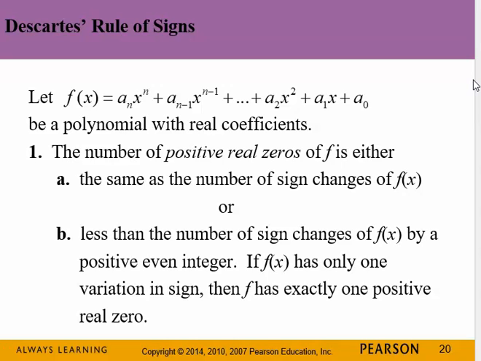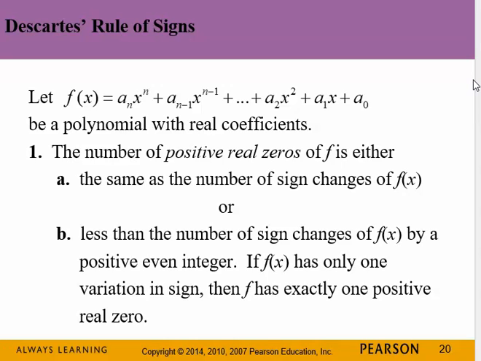And that will give us the number of positive real zeros if the same as the number of sign changes or less than the number of sign changes by a positive even integer. If the function has only one variation in sign, then it has exactly one positive real zero.